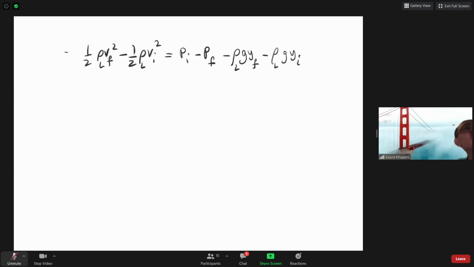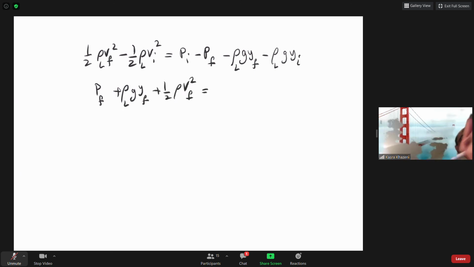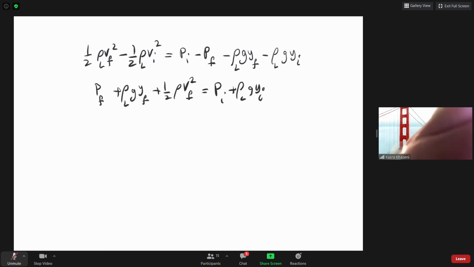Now I can gather up all the finals and initials on one side. So I get P final plus rho of the liquid g Y final plus 1/2 rho V final squared is equal to P initial plus rho L g Y initial plus 1/2 rho of L V initial squared.